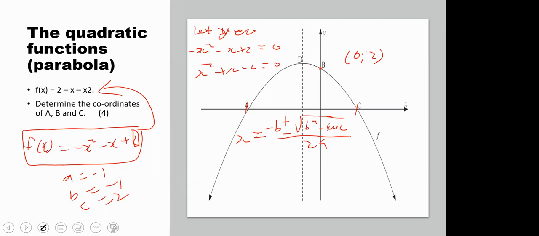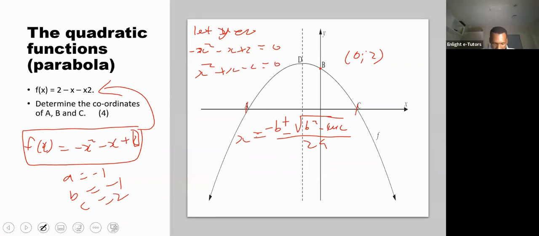Yes, the inside one is okay. Okay, so it's 1 squared minus 4 into 1. If I say minus b, then it's gonna be positive, this one.